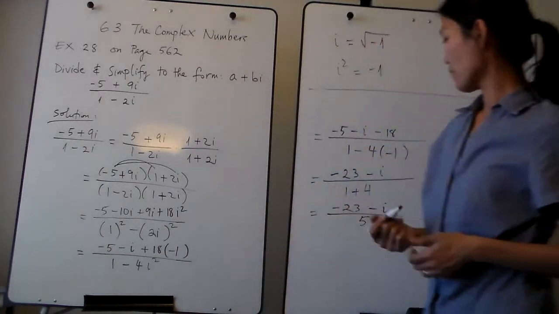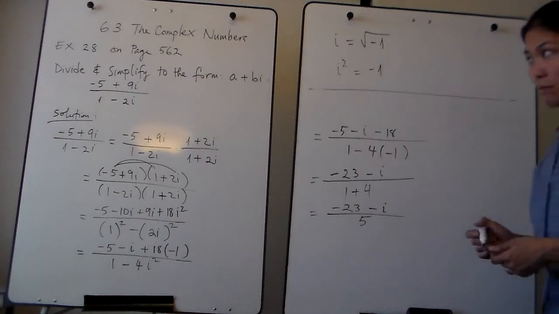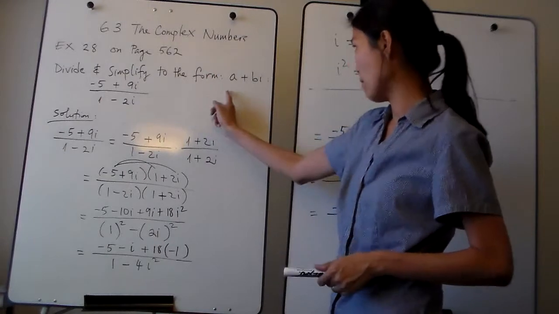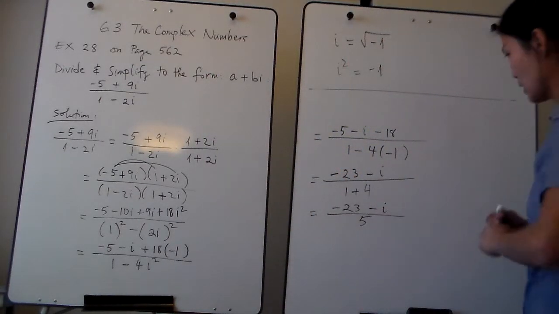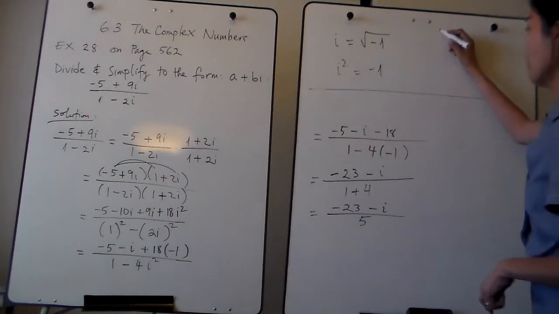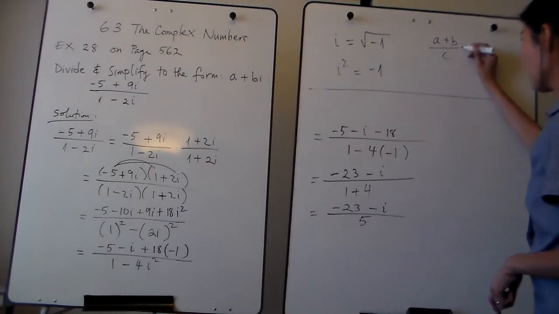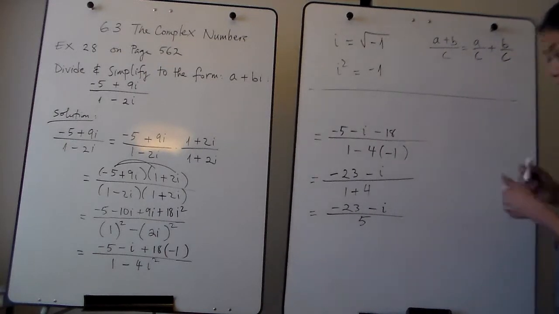Now we're not done yet, even though you cannot simplify the numerator and denominator. Remember that you're asked to write the answer in the form a plus bi. So for this, I'm going to split and recall this formula that we learned: a plus b divided by c is equal to a divided by c plus b divided by c.